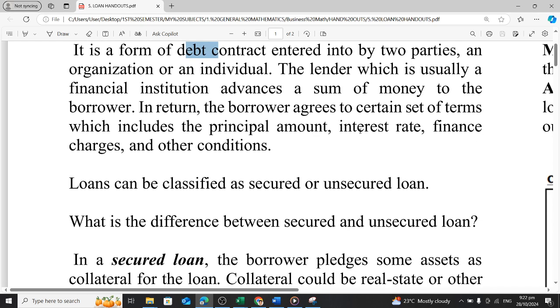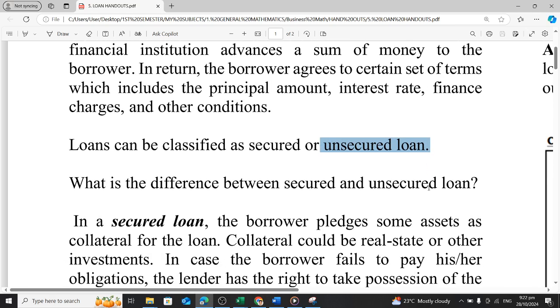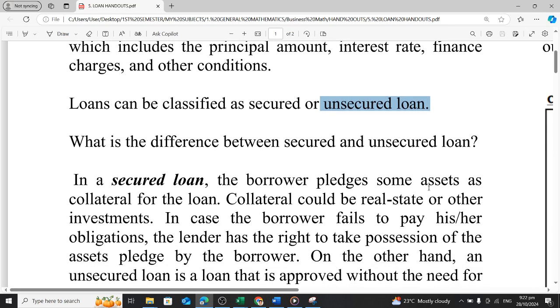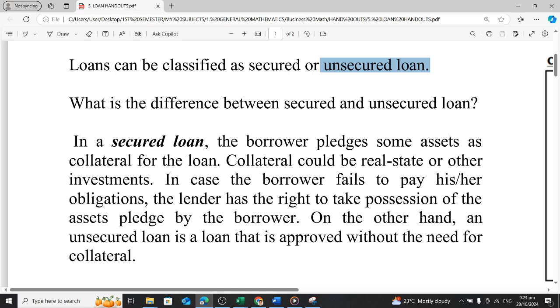Now, loans can be classified as secured or unsecured. But what is the difference between a secured and an unsecured loan? In a secured loan, the borrower pledges some assets as collateral for the loan. Collateral could be real estate or other investments.